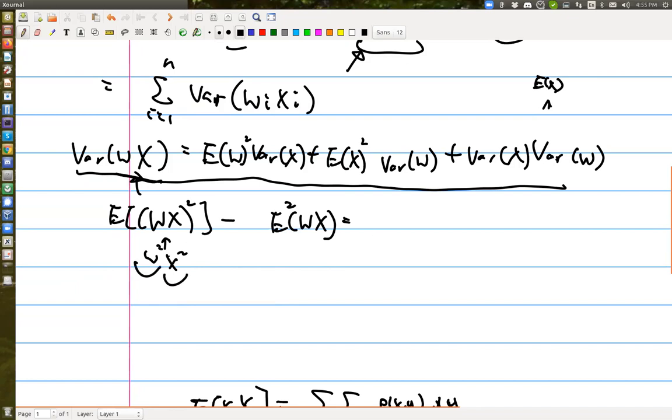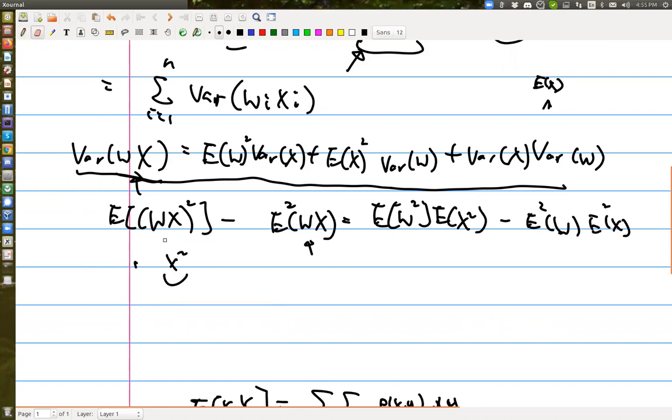By the same manner, w squared and x squared will be uncorrelated as well. So I can write the expectation of w squared times the expectation of x squared here. And for the second term, the same thing: I assume it's uncorrelated, so I get the expectation of w squared times the expectation of x squared. So that's the variance of wx.